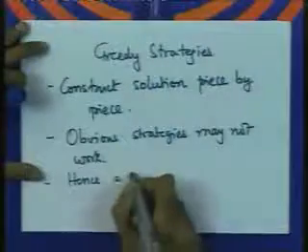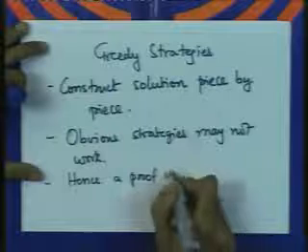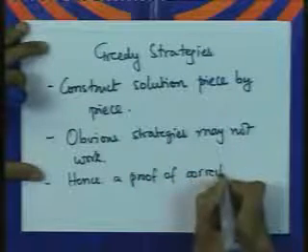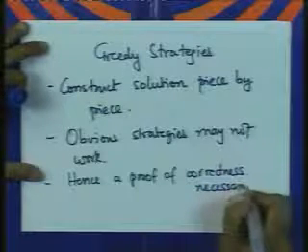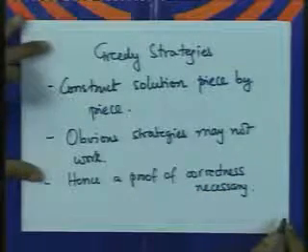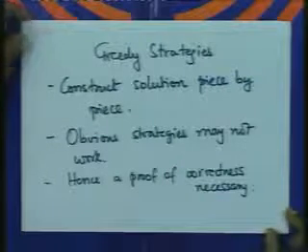So the point that I want to stress is that a proof of correctness is important. If you come up with a greedy strategy, you need to argue logically that this strategy works. So let me write this down. Hence, a proof of correctness is necessary and important, because obvious things do not work.